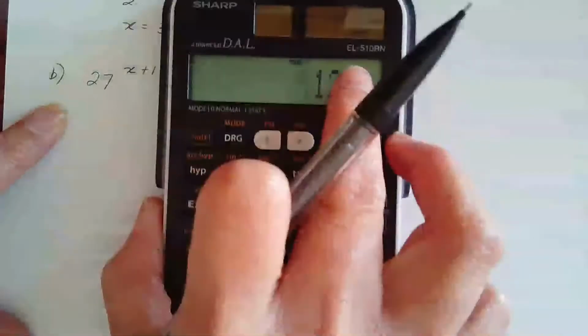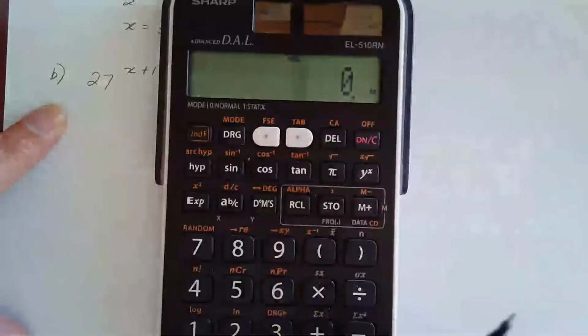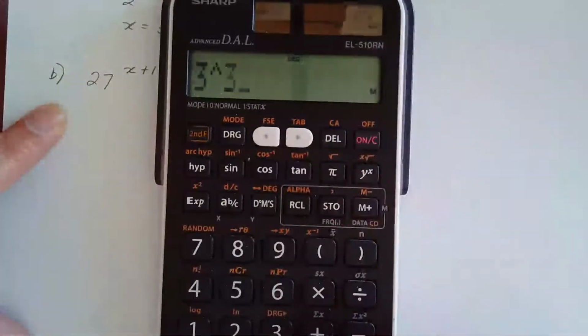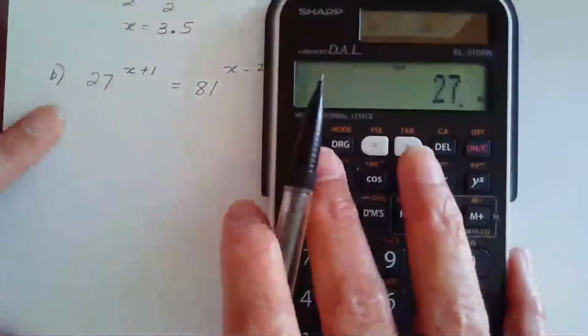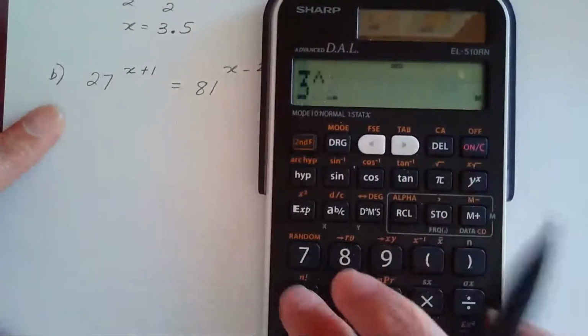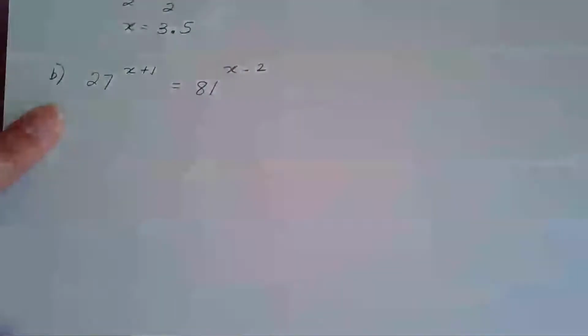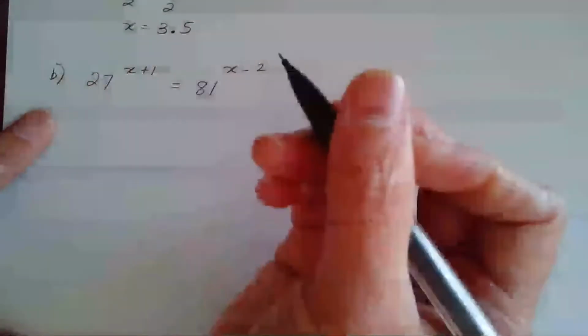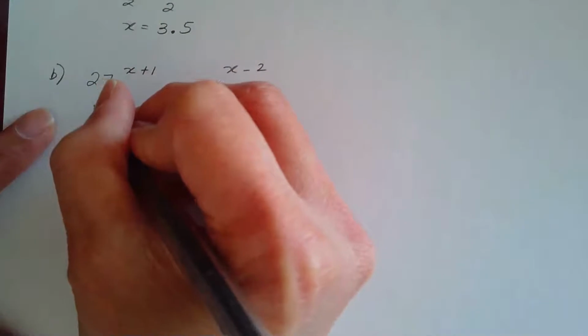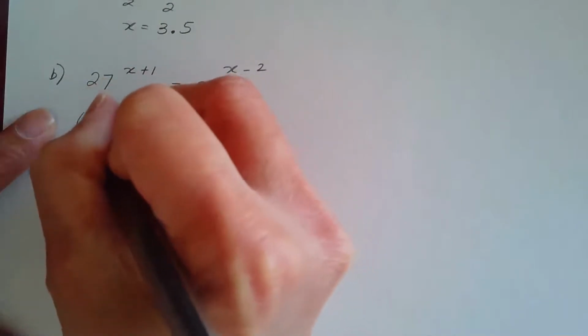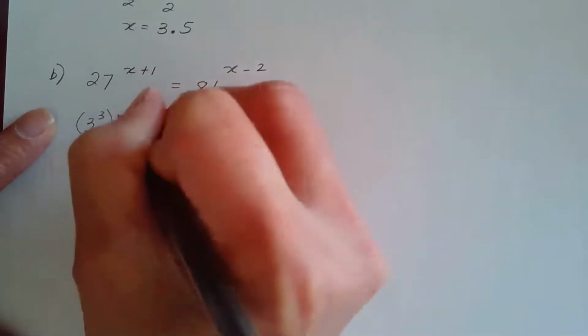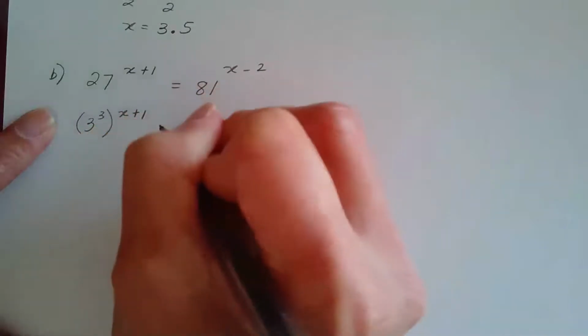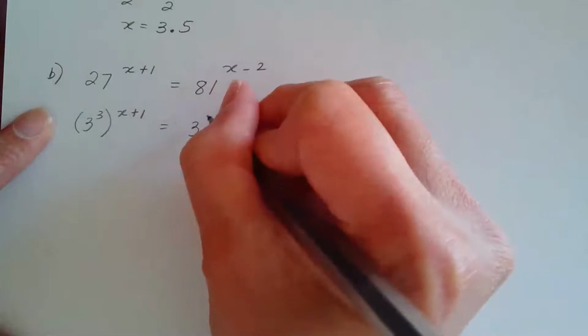So 27 is 3 to the exponent 3. 3 cubed is 27. Now 81 can be written as 3 to the exponent 4. So 27, I can write 3 cubed to the exponent x plus 1. And then 81, I can write as 3 to the power 4 to the x minus 2.